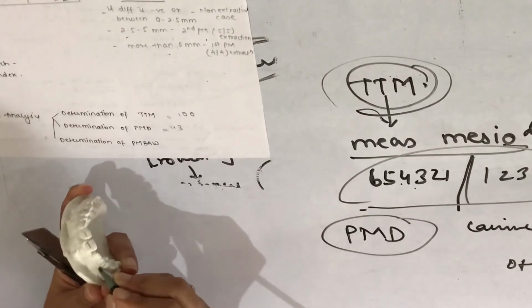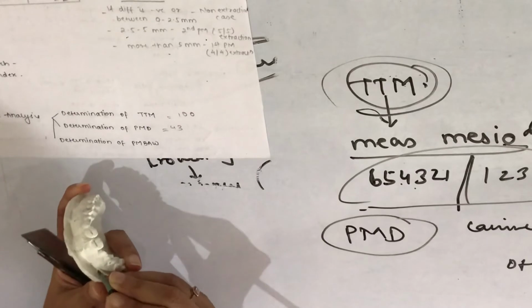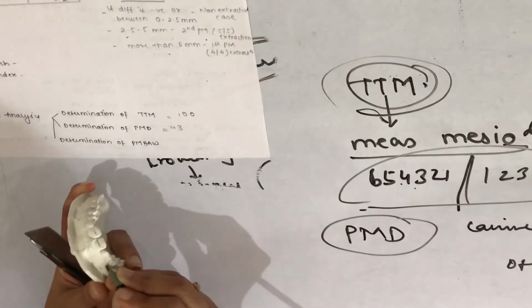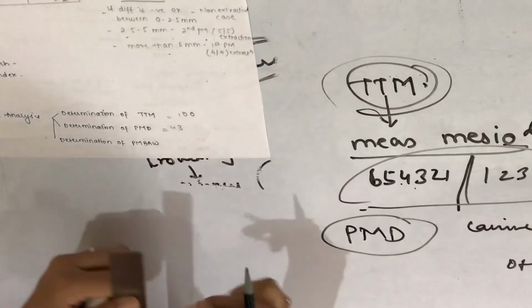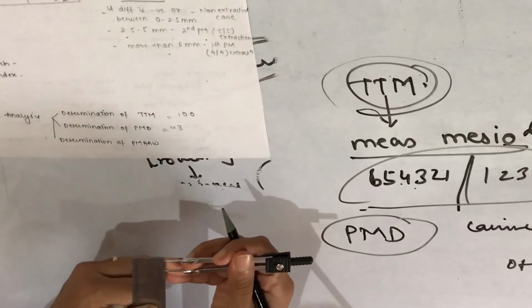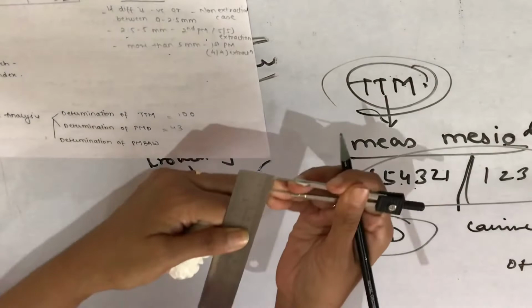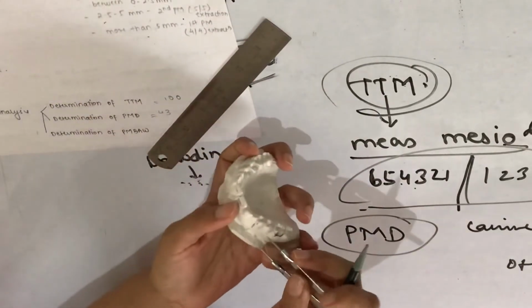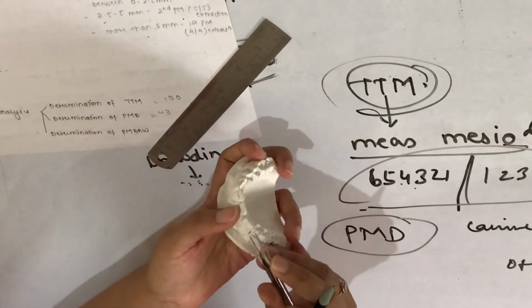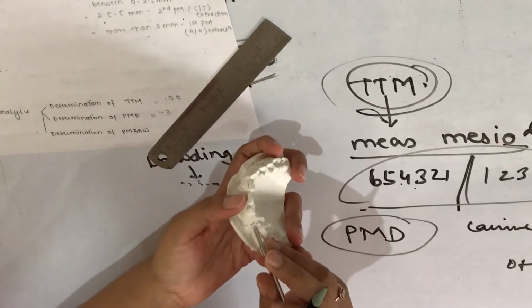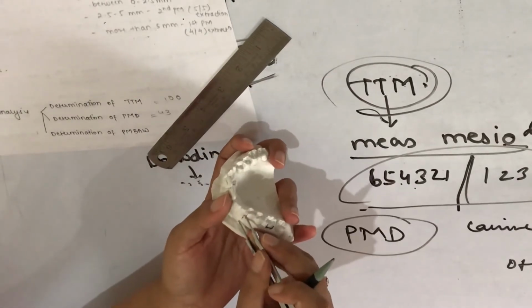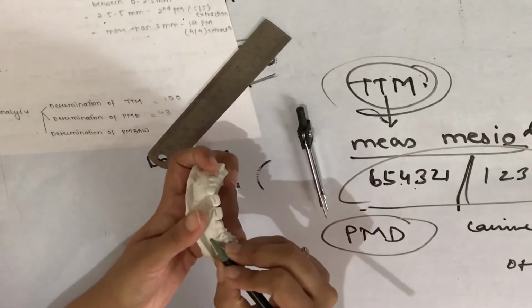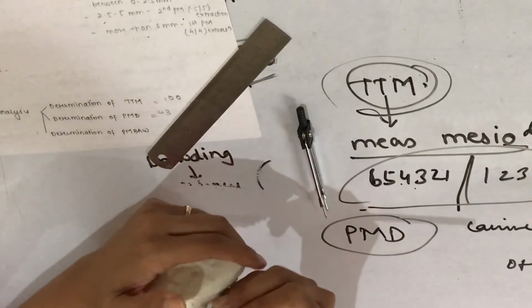You make a point 8 mm below it. First you measure 8 mm on the scale, then you keep it distal to the canine, below the interdental papilla, and make a point on either side.